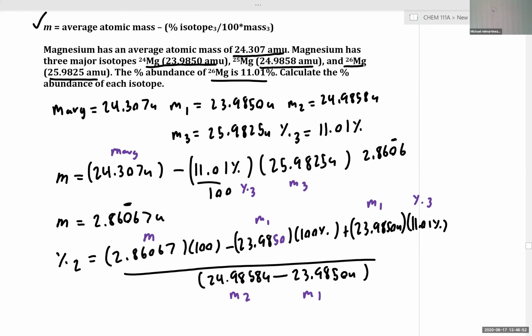Let's just check our calculations really quickly, just to make sure. Let's check this first calculation, just to double check that there wasn't a calculator error in this first step. So we have 11.01 over 100 times 25.9825.